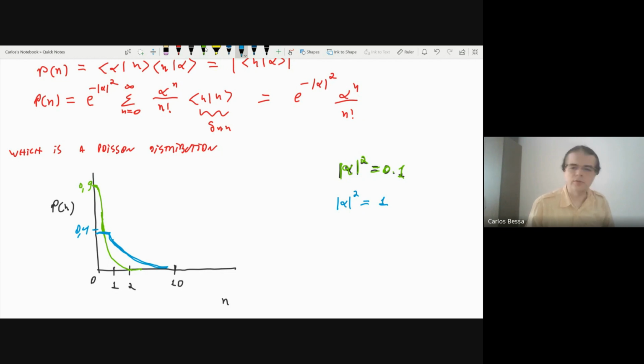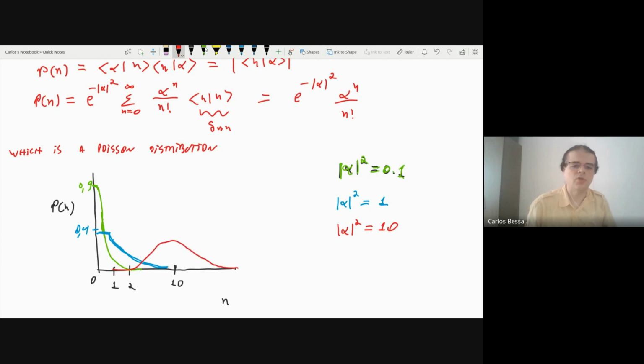And the other value, maybe more interesting, let's go alpha squared. When alpha is becoming bigger and bigger, this will have something more like a Gaussian shape, where the peak is the number of particles, the maximum number of n associated with alpha squared. So we'll have something like this.